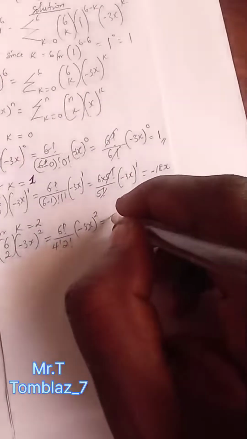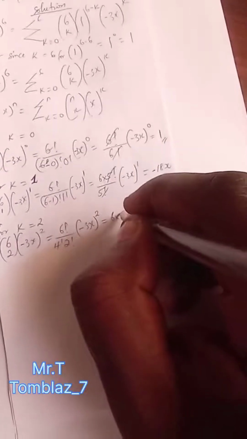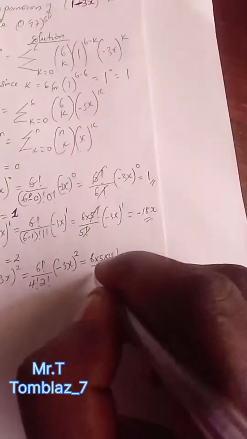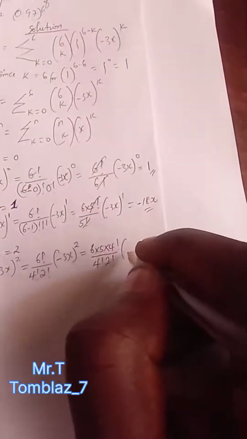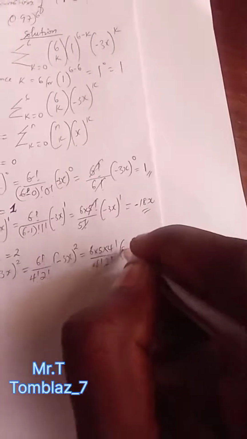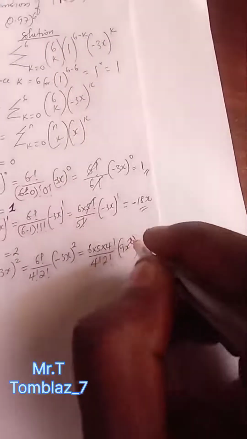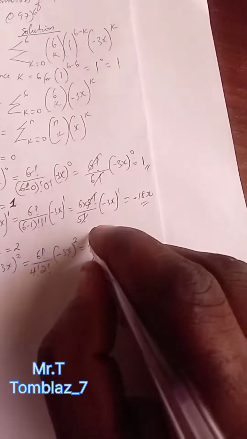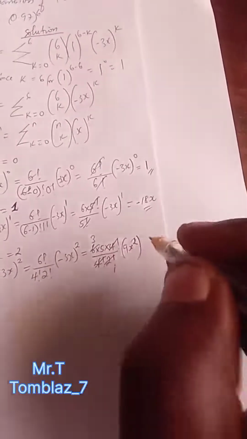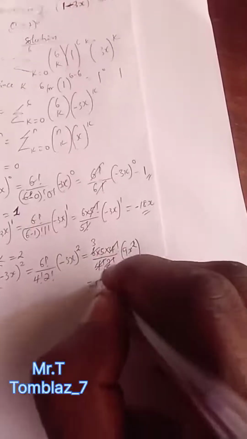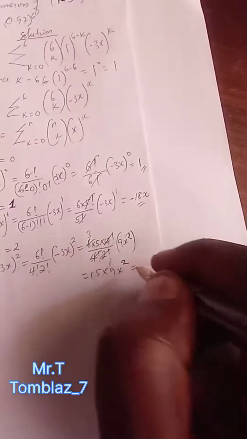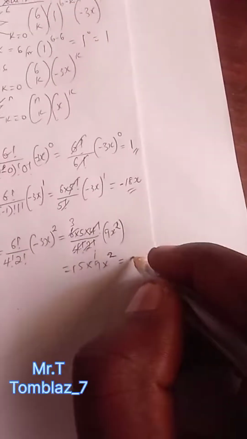So this is 6 times 5 times 4 factorial over 4 factorial times 2 factorial, then this is going to give you 9x squared, right? So if this cancels this, 2 here is 1, 2 here is 3, times 5 is 15. Then we're going to be having 15 times 9x squared, right? So 15 times 9 is 135, and this will be 135x squared.